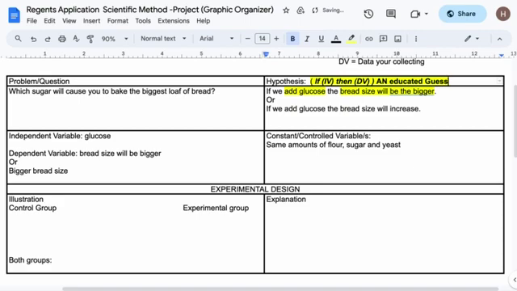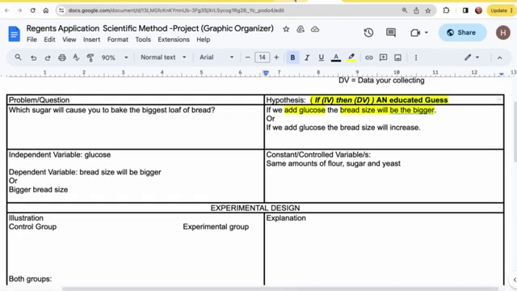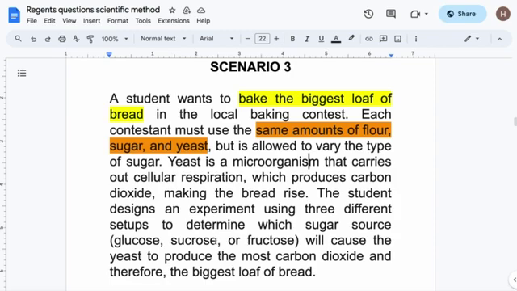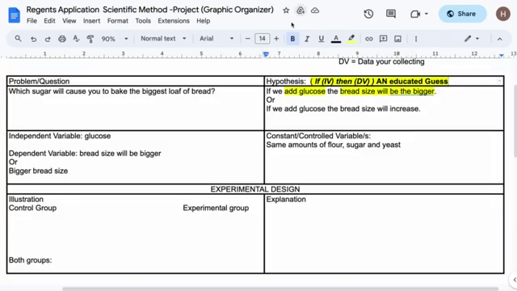A scientist makes an educated guess. If it turns out to be wrong, they make another educated guess, and then another, and then another. If the glucose didn't work, they say, okay, let me go to the sucrose. The sucrose didn't work. Let me go to the fructose. That's how the scientific mind works.